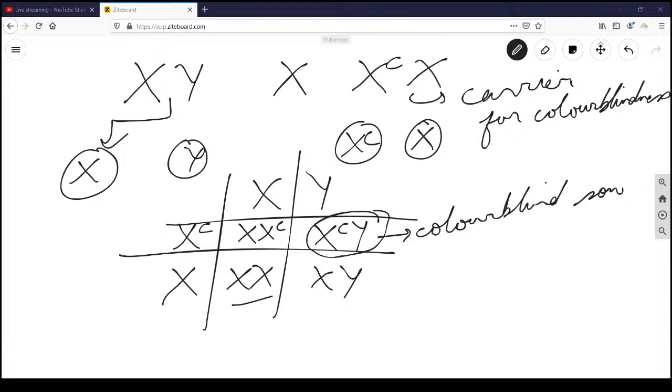F2 generation in a Mendelian cross showed that both genotypic and phenotypic ratios are the same, very important. Here it is showing that they are completely the same, that is 1 to 1.